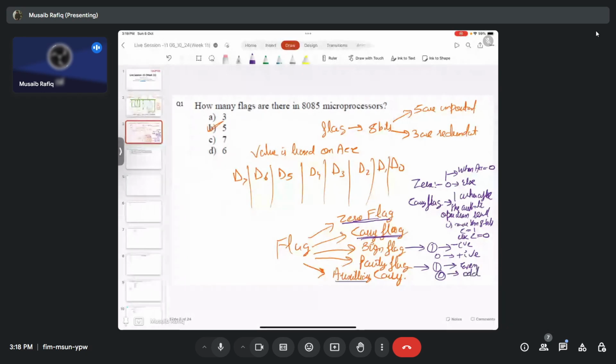Now the auxiliary carry. Can anyone tell me about the auxiliary carry? When is the auxiliary carry 1?